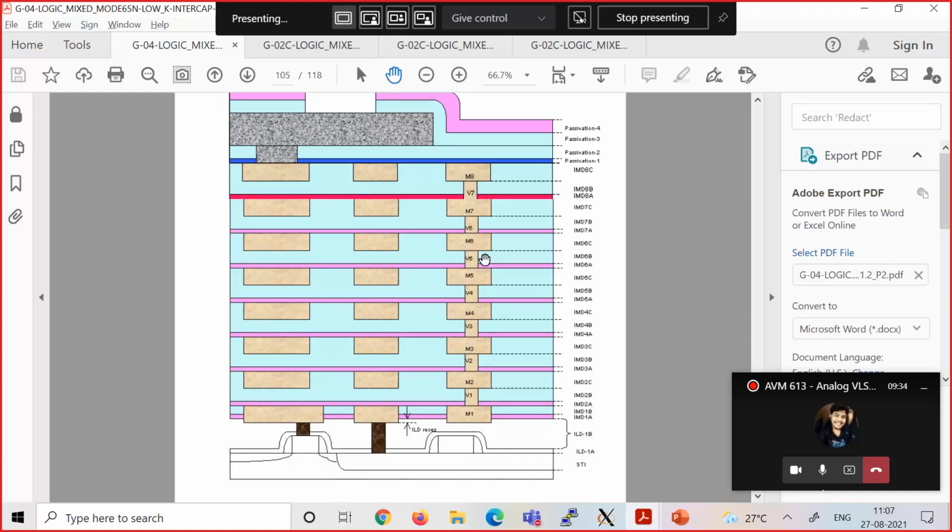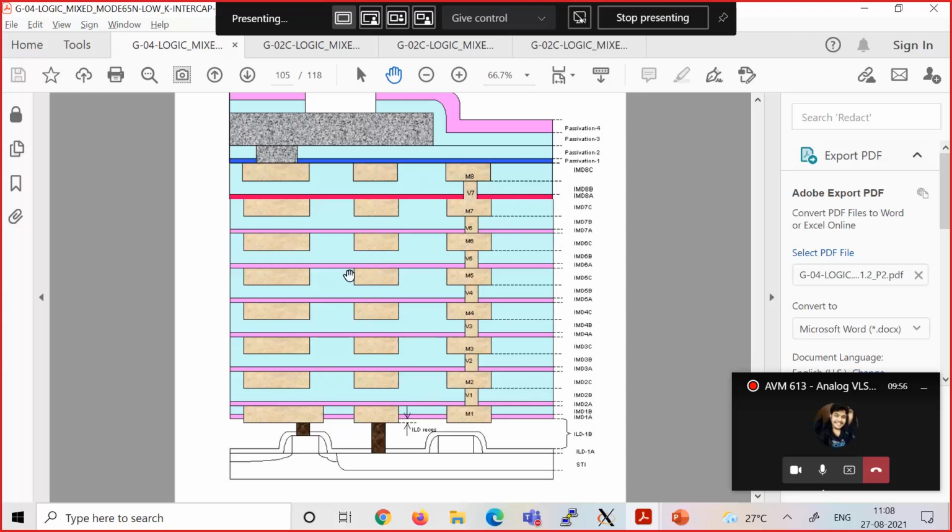Now for each process, the thickness of the metal layer and its conductivity will vary from process to process, from technology to technology, foundry to foundry. But each of them will have a certain thickness, and it is surrounded by dielectric materials.